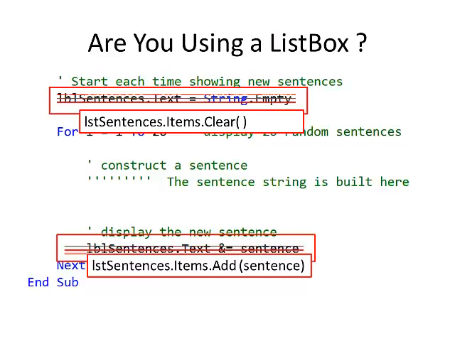If you're using a list box, you need to say lstsentences.items.clear instead of setting the label to string.empty. And at the bottom of the for loop, instead of saying lblsentences.text ampersand equals sentence, you can say lstsentences.items.add and then add the sentence into the list box.